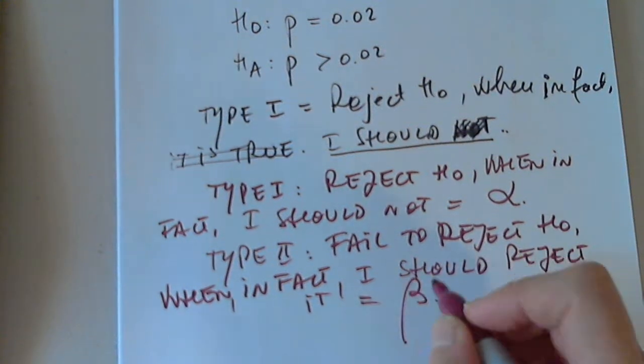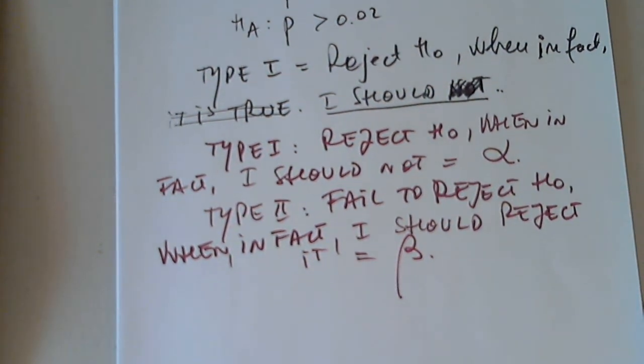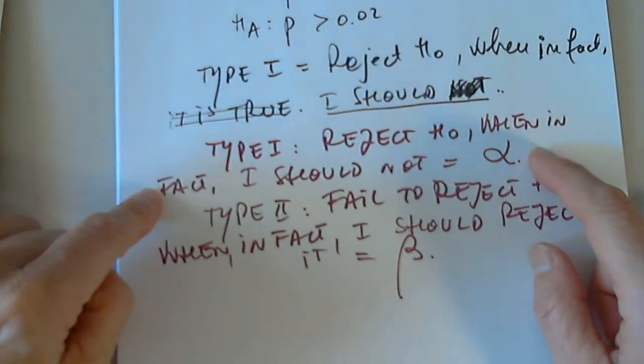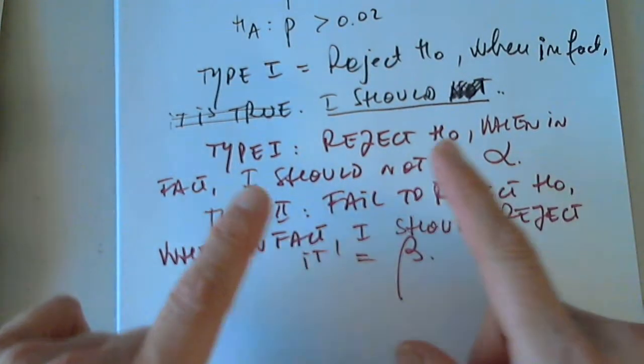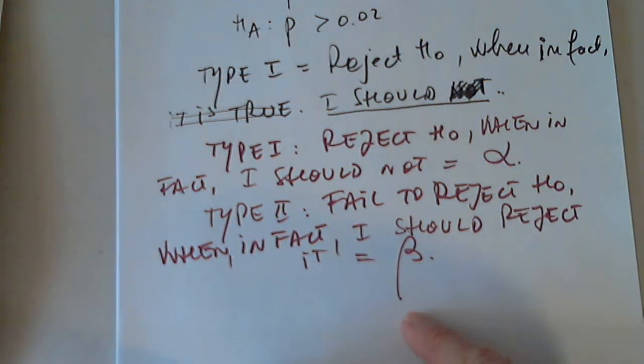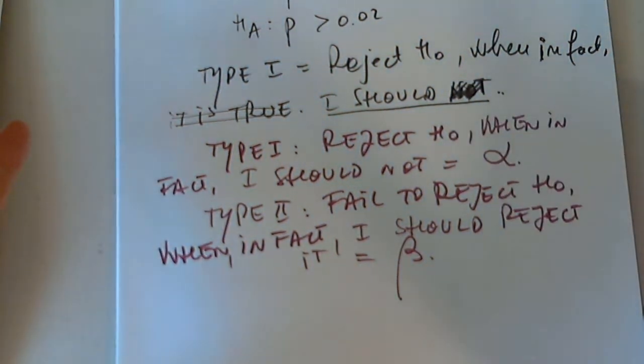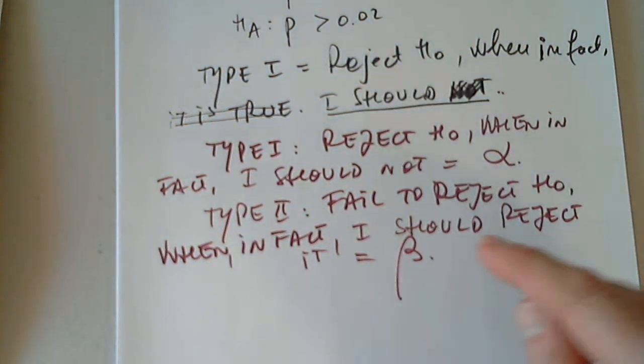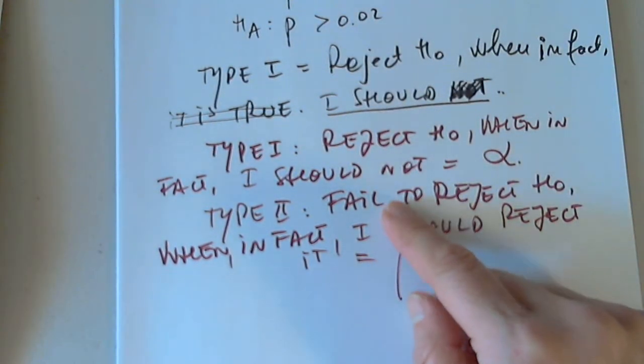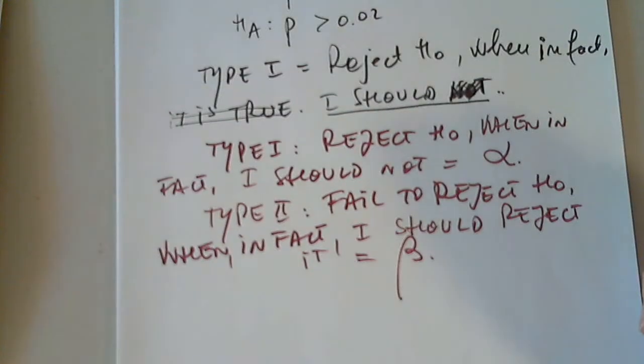And that is beta. So I reject when I should not. I fail to reject when I should. So type 1 error is when I reject and I should not. Type 2 error is when I fail to reject, but actually I should.